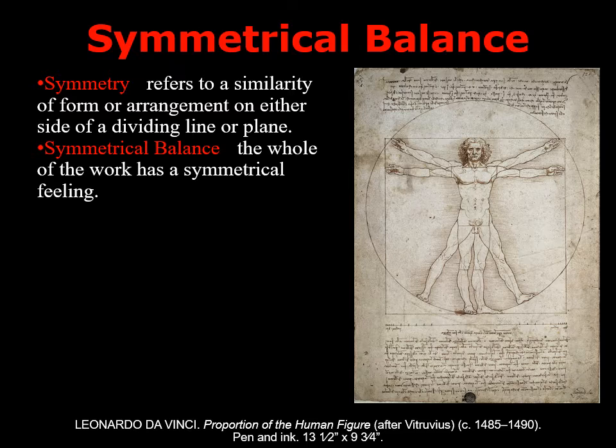So symmetrical balance, or symmetry: if you were to cut this piece up into quarters, each quarter would have its own visual weight, and they would all be equal, top, bottom, left, right. This would be an example here, again picking on Leonardo, of symmetrical balance. So you feel that all the different sides are nice and unified, nice visual weight everywhere.